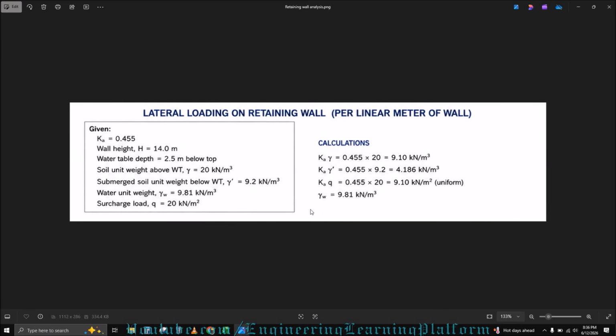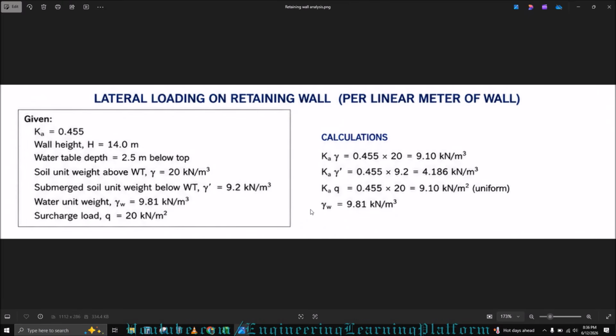In further videos, we will discuss how to perform the detailed design for the retaining wall as well. In this video, we are going to limit ourselves to performing the lateral loading analysis on the retaining wall. Basically, I want to get a loading diagram per linear meter or per linear foot, depending on where you are and which units you are utilizing, and we are going to get an output which will be something like this.